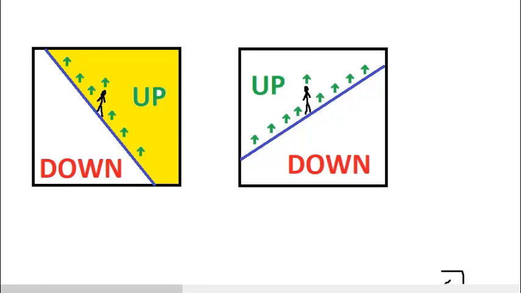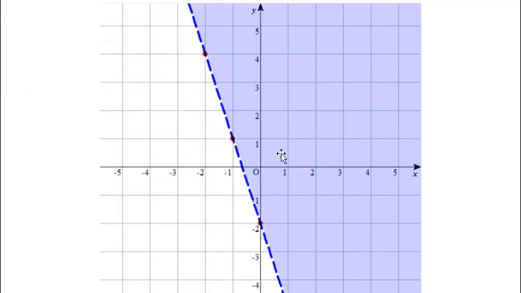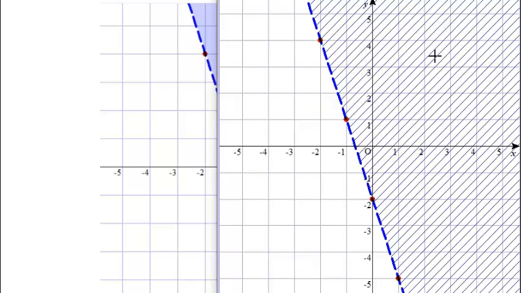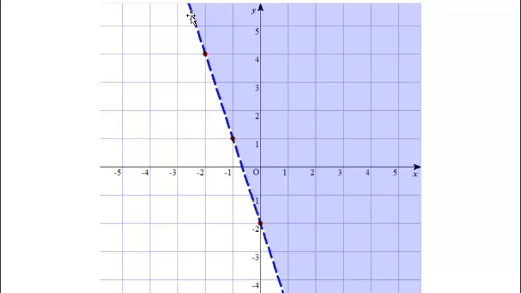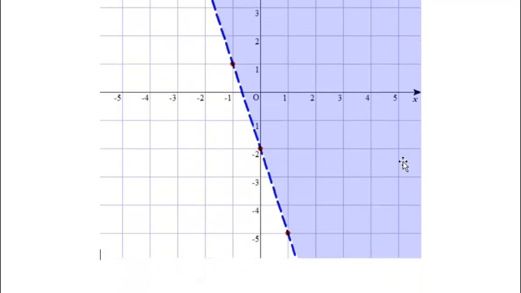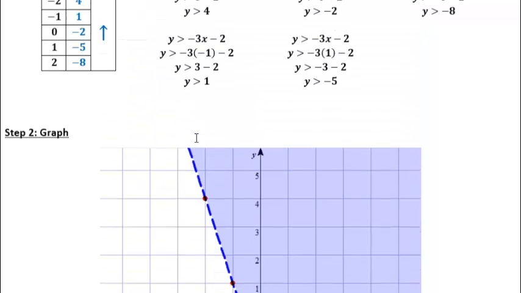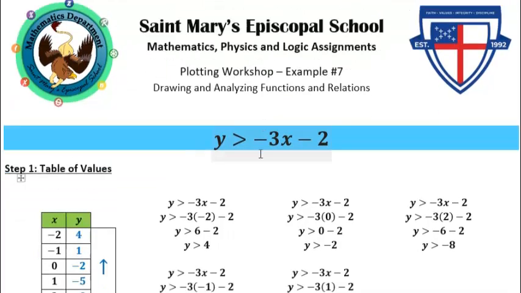If I go to where I'm supposed to put the graph, it should look like this. Now this way looks better than this because this is like, I don't know, low budget coloring. This one looks better. So you have the dotted line and you're gonna color the direction or the area that is up or above the line. You have to color all of it, the entire thing. And that's how you draw the graph of a linear inequality.